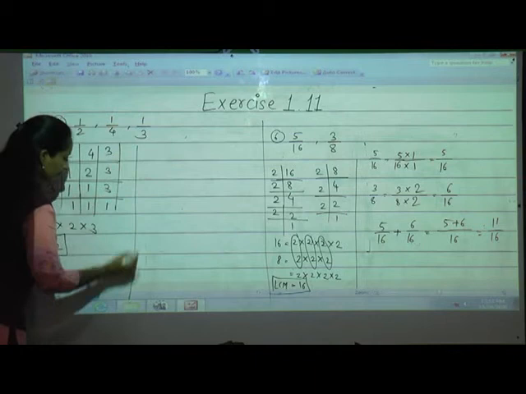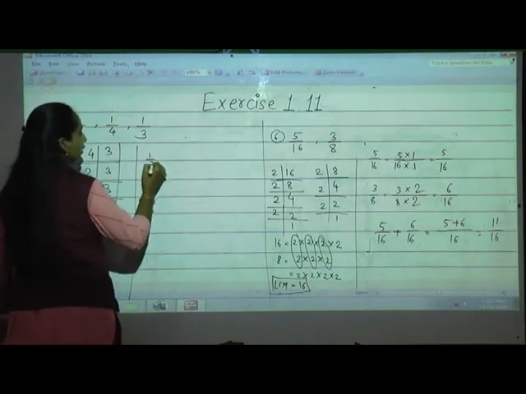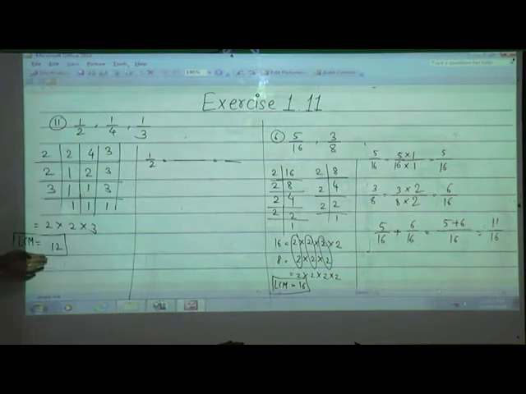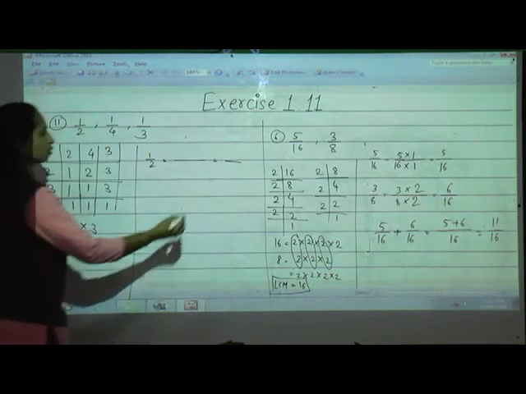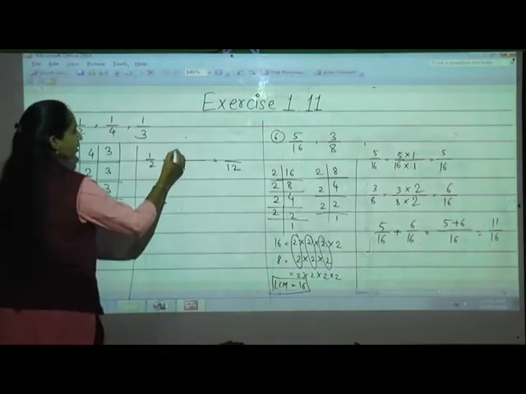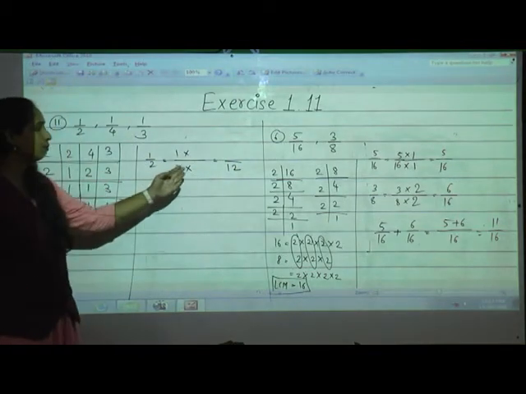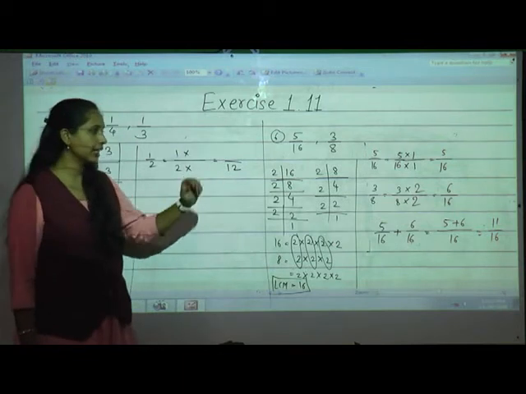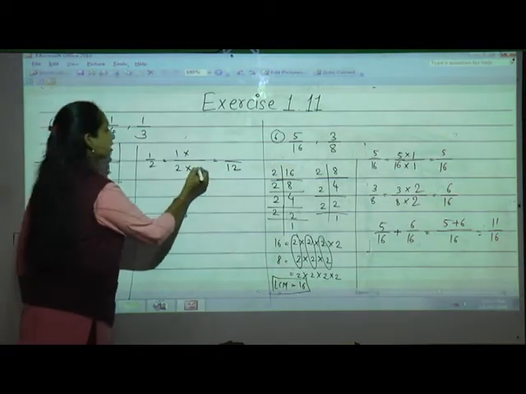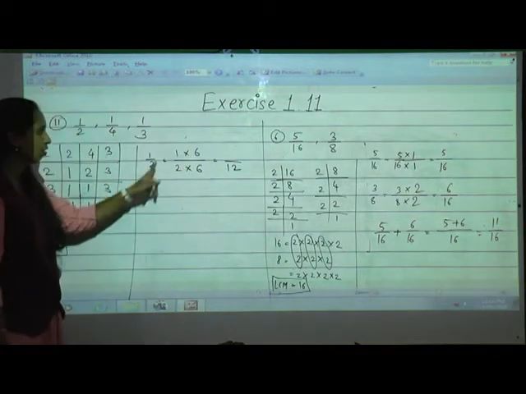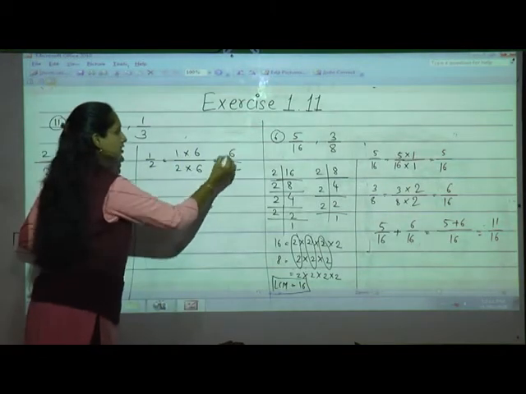Now the next step. Now write 1 by 2. What should come in the place of the denominator? The LCM, that is 12. So write here 1 upon 2 multiplied by. Now 2 multiplied by what do we get 12? 2 6s are 12. So write 6 in the place of the numerator also. 1 6 is 6.